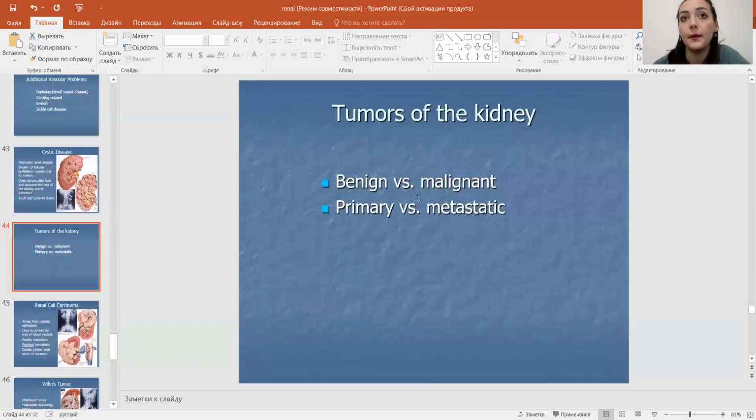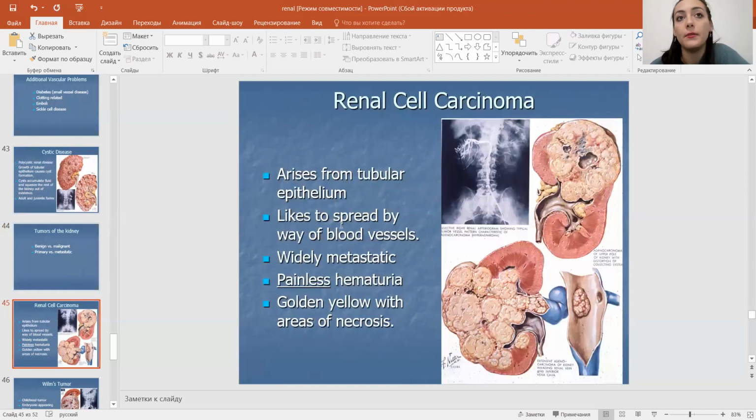Tumors of the kidney may be benign or malignant, and primary or metastatic. Renal cell carcinoma arises from tubular epithelium, likes to spread by way of blood vessels, widely metastatic, and painless hematuria.